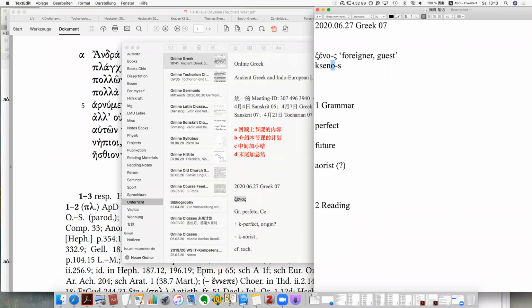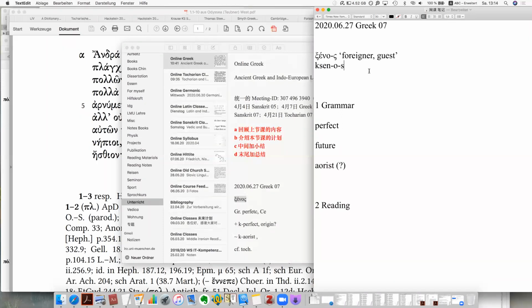And then this -o- is also no problem. It's the o-grade, right? So what is this one? Ξέν. And what does foreigner mean? What does guest mean? What is the meaning of guest?